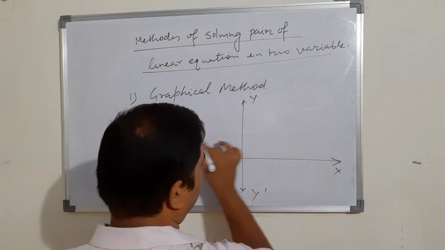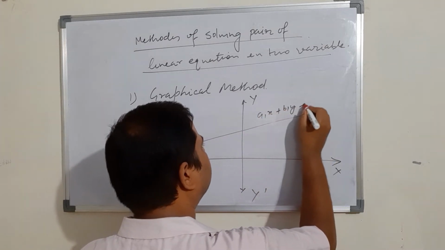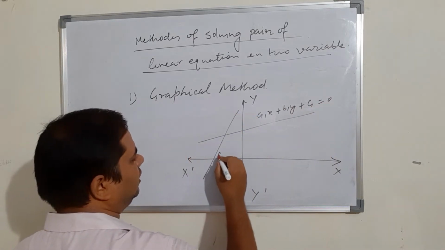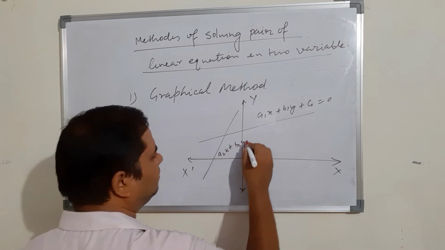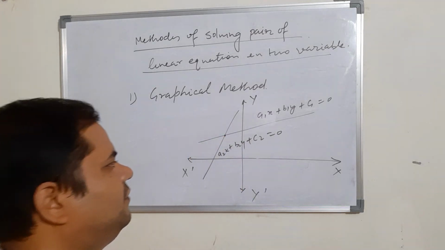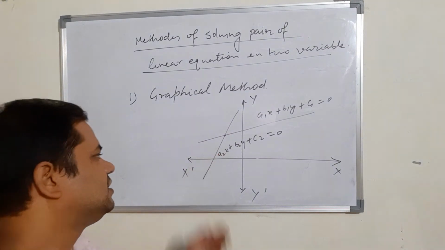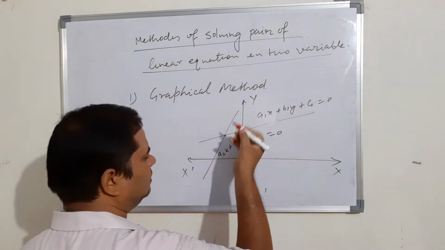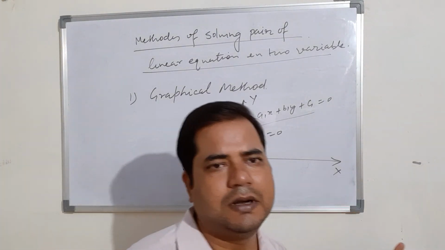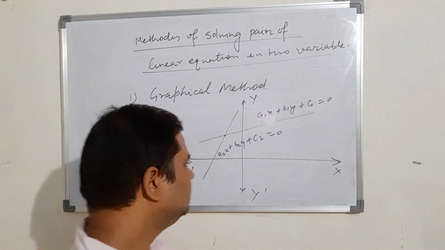So suppose this is a1x plus b1y plus c1 is equal to 0, and suppose this one is a2x plus b2y plus c2 is equal to 0, then this is the point of intersection. That means these two lines intersect at this point. Suppose this is any value of x and y, then this particular point of intersection is the solution of that particular equation.